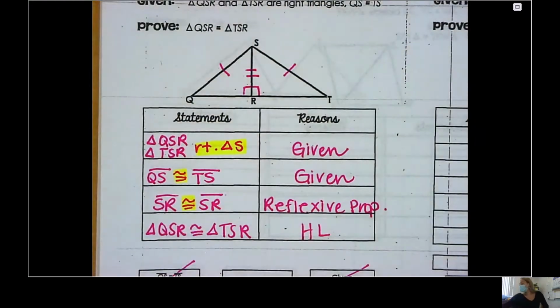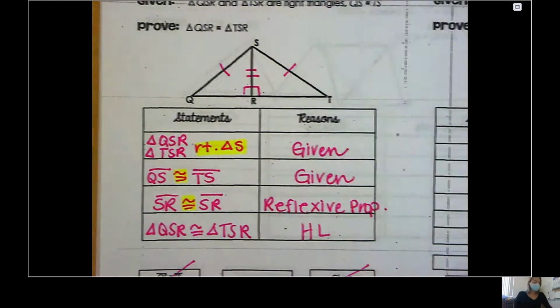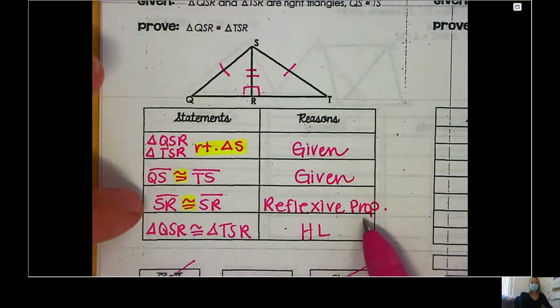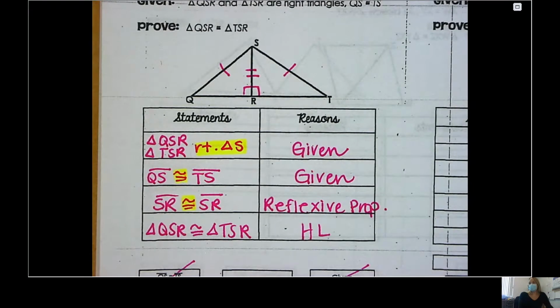HL. Okay, so what I'm hoping is that you're noticing it's the same thing over and over again. By process of elimination, if you're stuck on one, it should be easy to figure it out if you put everything you know first. The cool part about proofs is that the order you do them in does not matter.